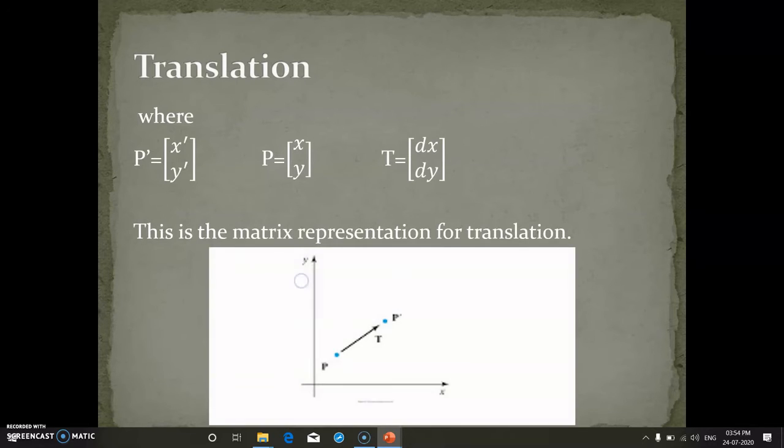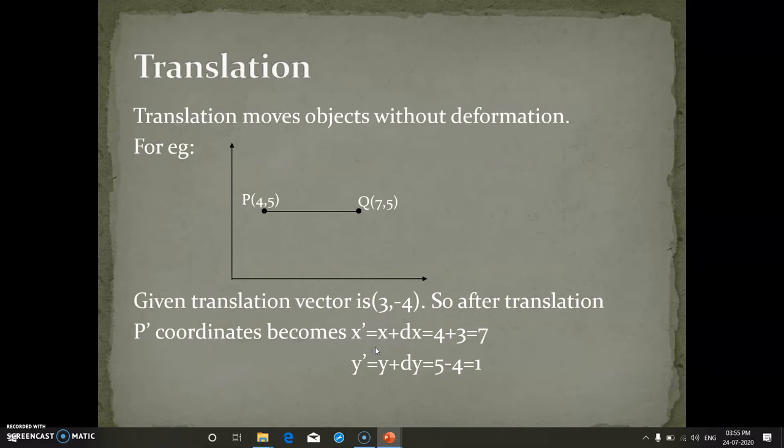Now this is how the translation figure looks. This is the point P and this is the point P dash and this is the translation vector or distance capital T. Translation moves objects without deformation, that is, every point on the object is translated by the same amount.